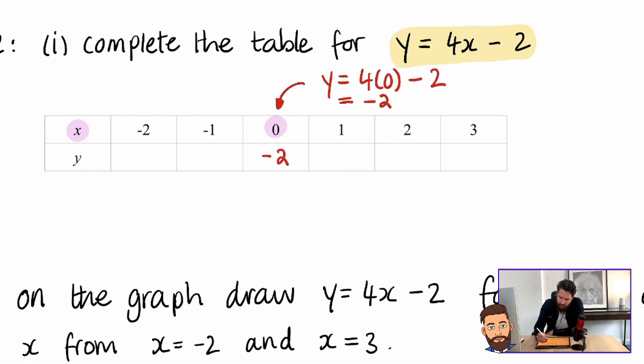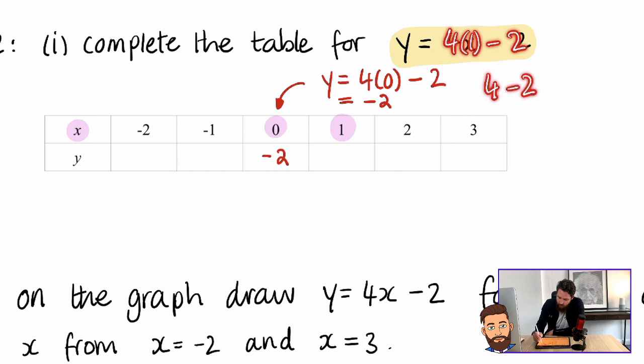So let's just, for clarity, do 1. We'll put 1 in, and then we'll see if our understanding is correct. We'll check, once we put 1 in, is this in fact going up by 4? If we can spot that that is the case, then we can simply add on 4 or take away 4 to fill in the rest. So if I put 1 in, that means 4 lots of 1 minus 2. 4 lots of 1 is 4.